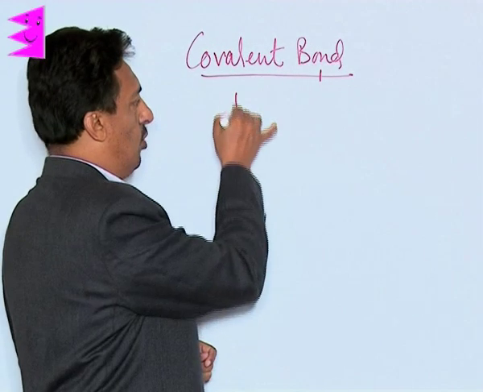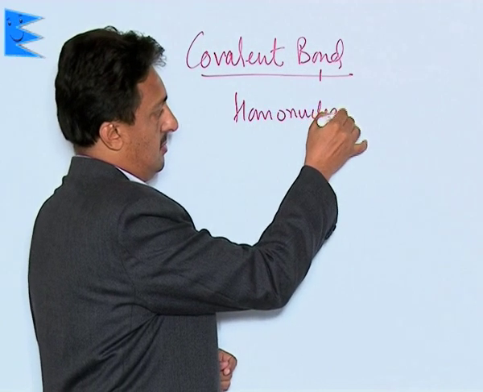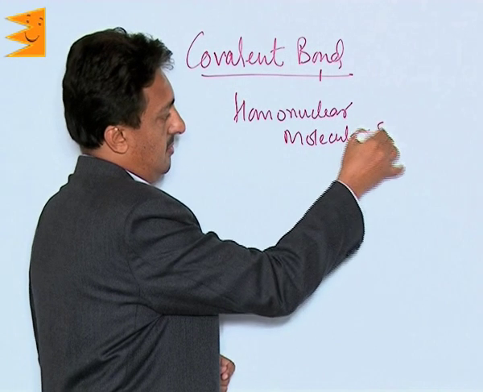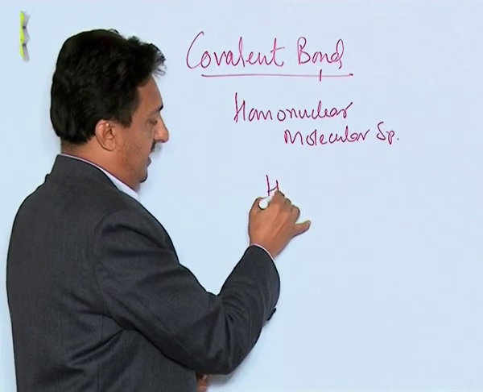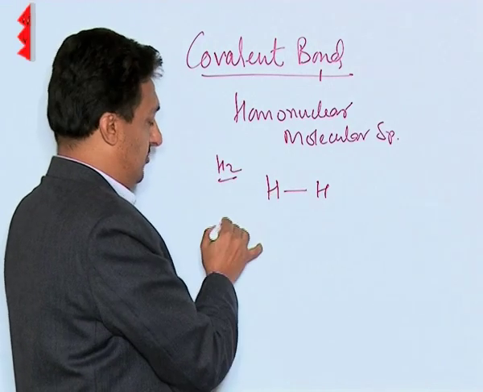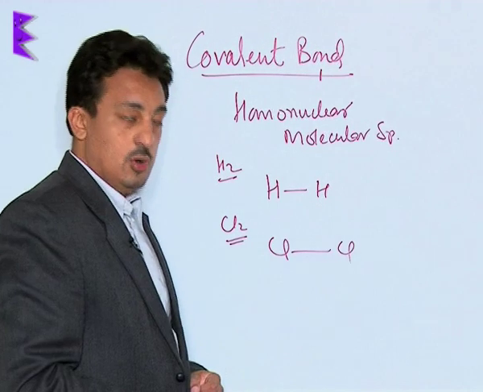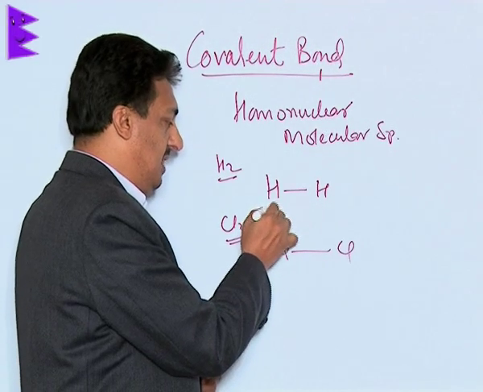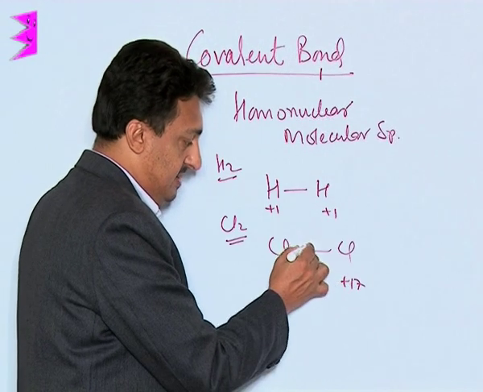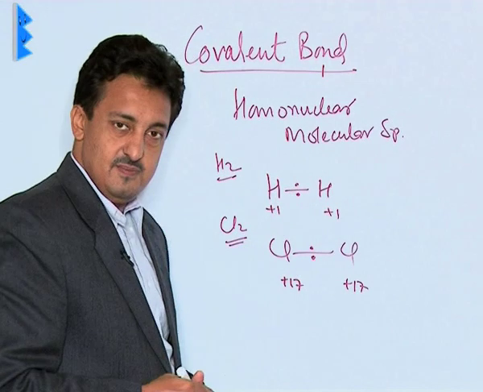See, whenever we have a homonuclear molecular species, like suppose we have a hydrogen molecule having two hydrogen atoms or a chlorine molecule having two chlorine atoms, since the nuclear pull on both the sides is the same, the shared pair of electrons is in the middle.